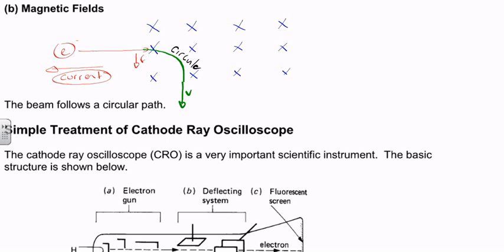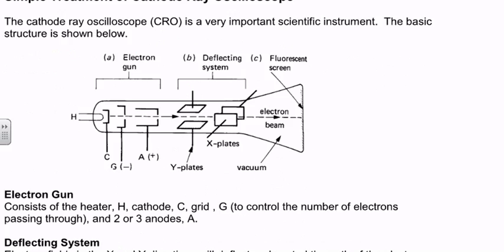So simply, a cathode ray oscilloscope is something that we use more often. It's very similar to a TV. What we have at the back here is a heater coil. So this thing here is a heater, and remember that is your coil, which once it's hot gives off electrons.